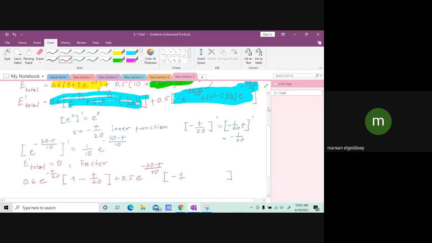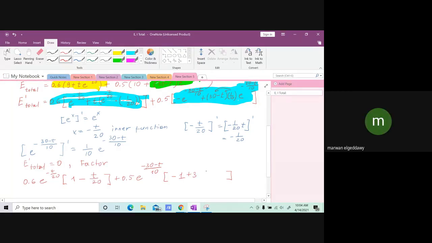Here, you took e to the power out. What's left? 3. Only? 30 minus t times 1 over 10. If you distribute, 30 times 1 over 10 is 3. So plus 3.